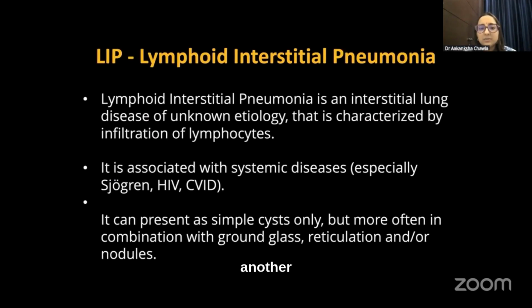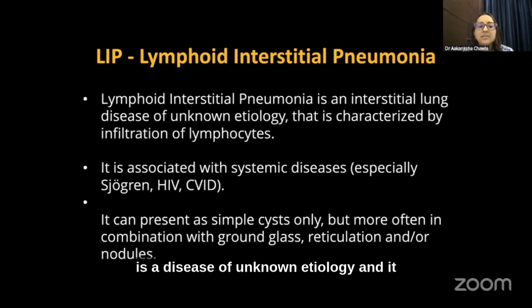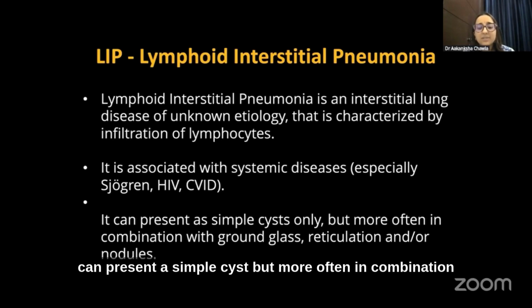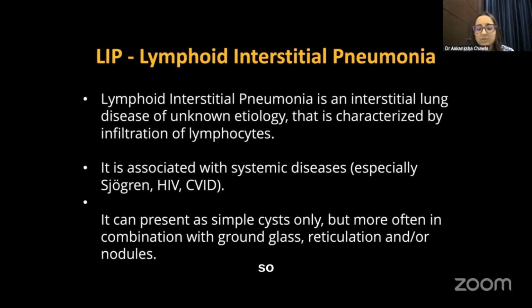Now, another cystic disease, lymphoid interstitial pneumonia, is a disease of unknown etiology, and it is characterized by infiltration of lymphocytes. It is associated with systemic diseases, especially Sjogren, retroviral HIV disease, and common variable immunodeficiency. It can present as simple cysts, but more often in combination with ground glass, reticulation and nodules.